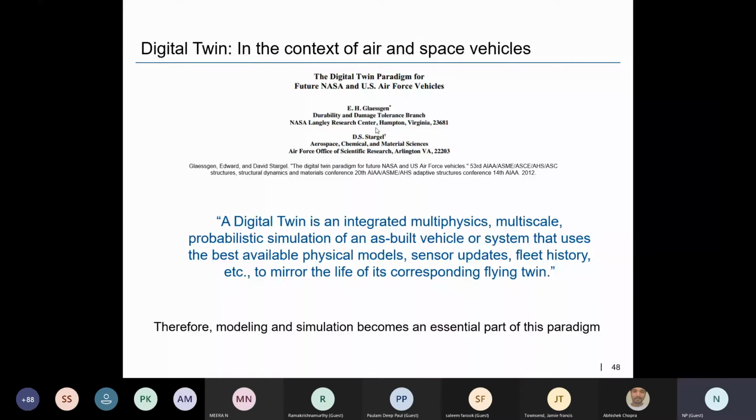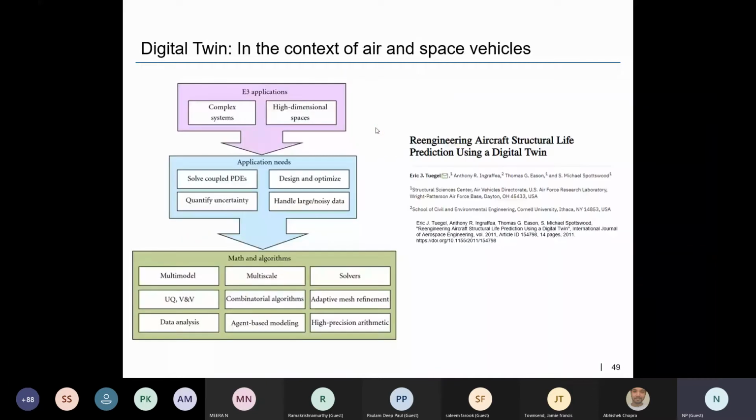There's another really interesting paper called Reengineering Aircraft Structural Life Prediction using a digital twin by a couple of researchers, including Anthony Ingrafia, who's a fracture mechanics expert at Cornell. And they outline the needs of this kind of paradigm, and they talk about all of these different things that are needed to make this possible.